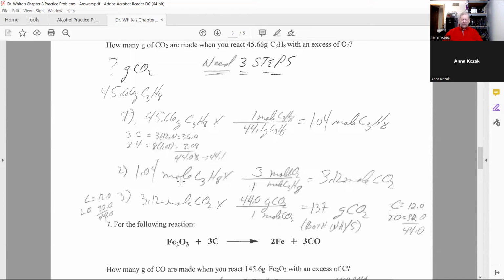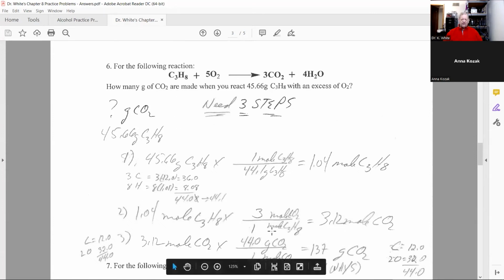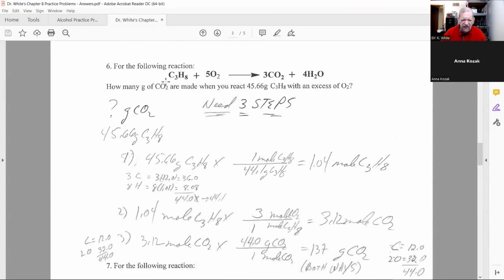Whatever you're trying to get rid of goes underneath. Where do we get these numbers? From the balanced chemical equation. What's the molar relationship between C3H8 and CO2? Remember, when there's no coefficient visible, it's the number 1.